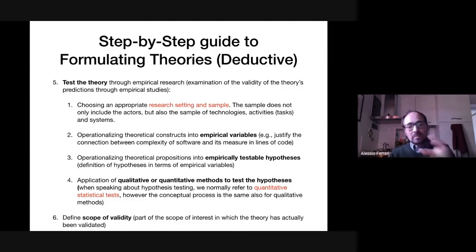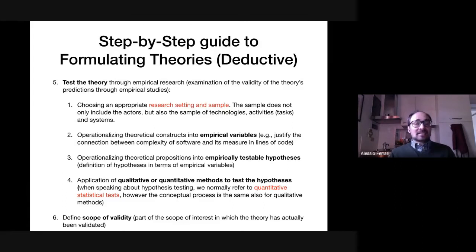But as I was saying before, this process applies to both quantitative and qualitative methods, although the terminology of empirical variables, empirical testable hypotheses, and testing the hypotheses is really mostly for quantitative studies and experiments especially.